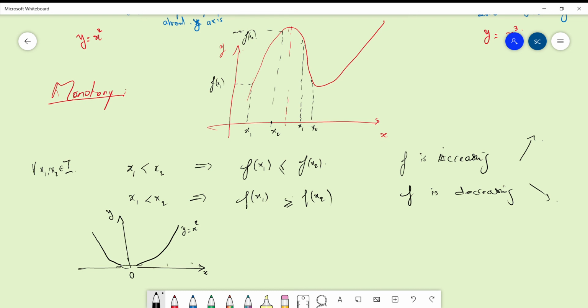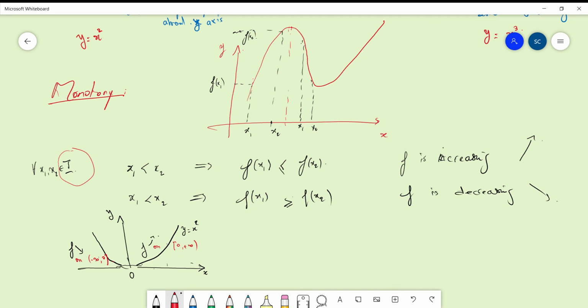So your function f is increasing here and f is decreasing on this other interval. That's why we specify the interval where we have this monotony: increasing on 0 to plus infinity, decreasing on minus infinity to 0.